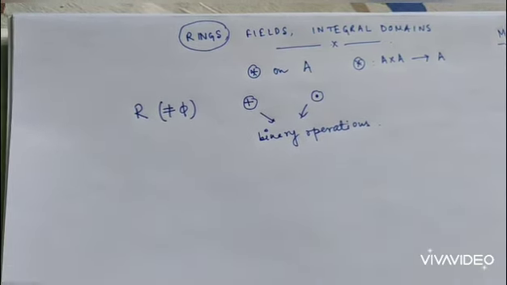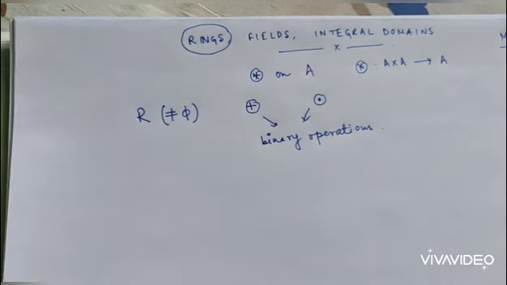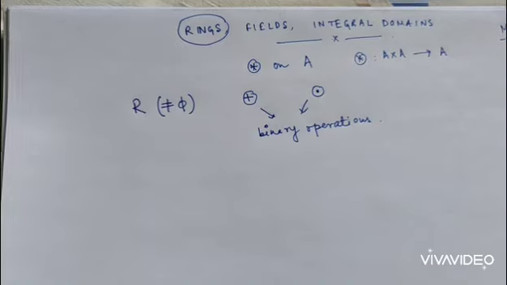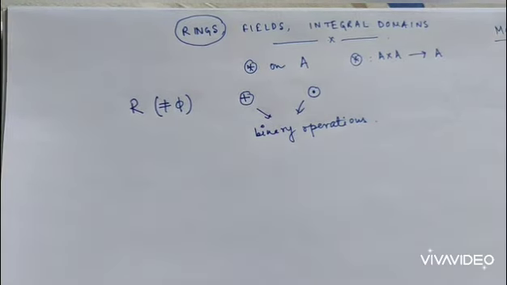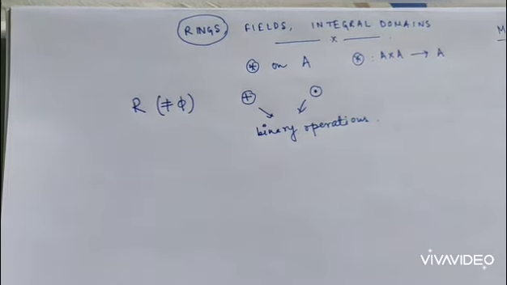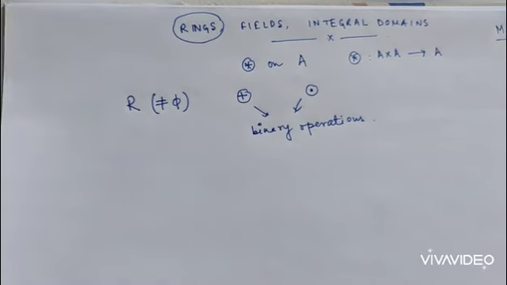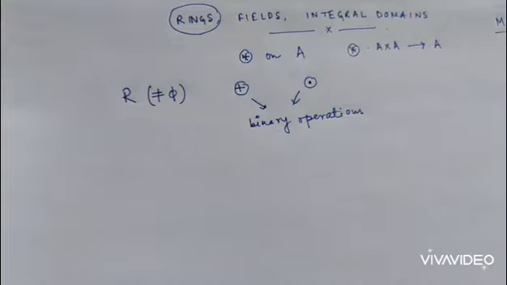If this system satisfies some particular axioms, then they form an algebraic structure called rings. You have already studied groups, so you have ample idea of how to define the axioms. So what are the axioms?